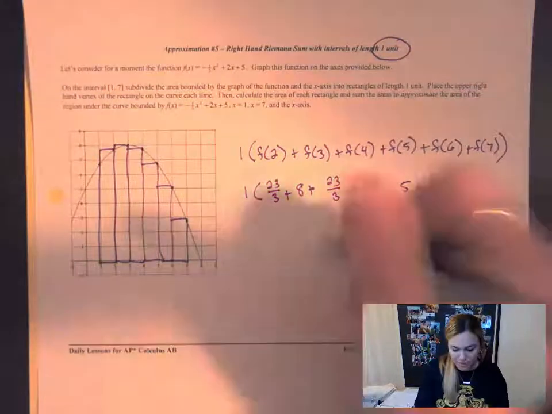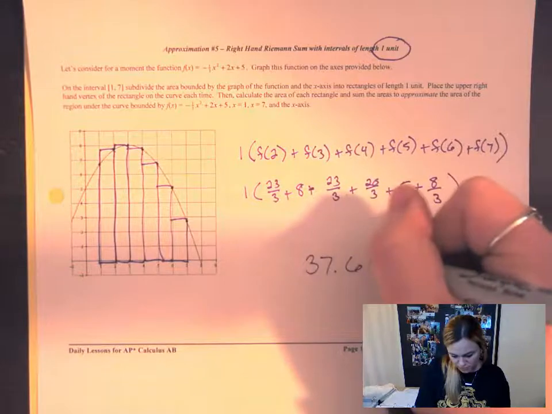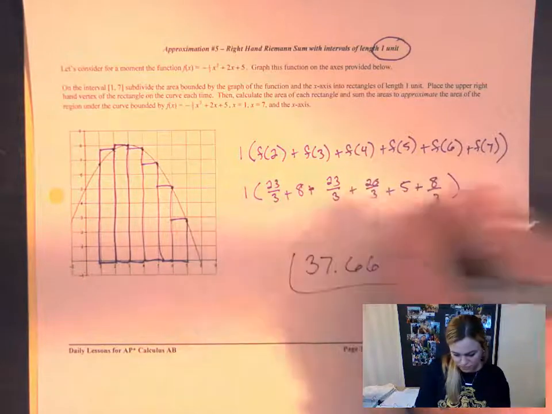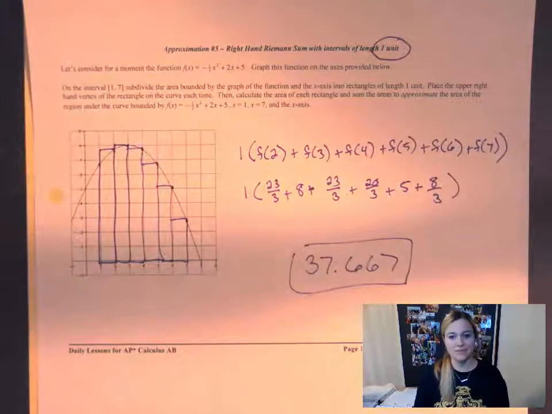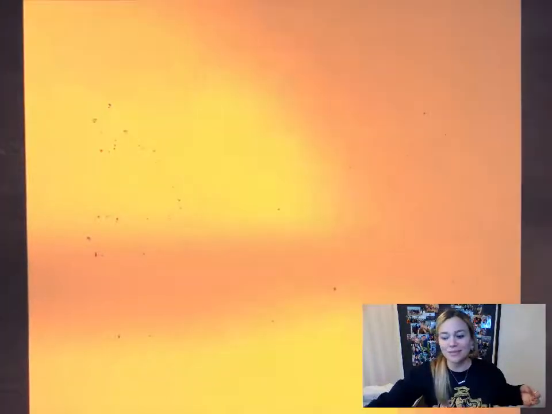I think you got all of them, and you should if you multiply all this out. Still less than we were getting before. That's okay. And you're thinking, how do I make this even better? More rectangles!